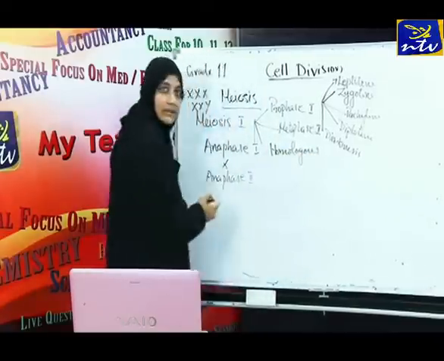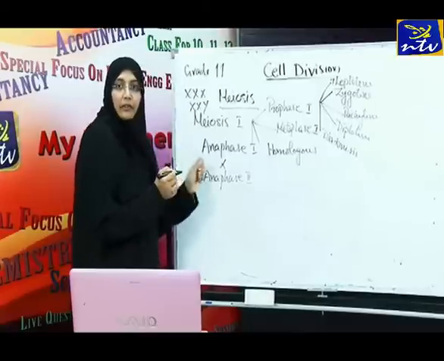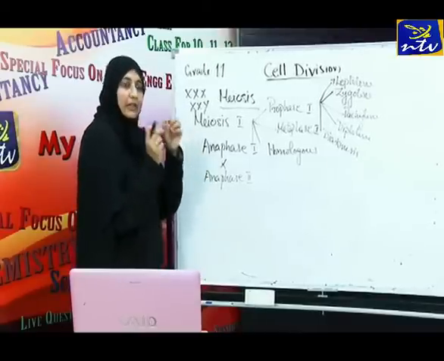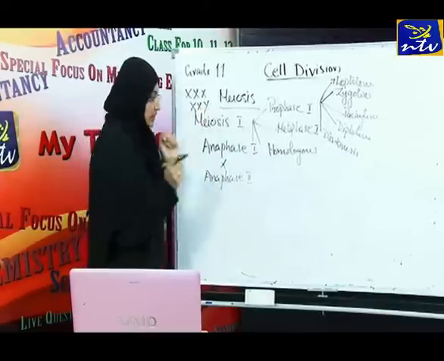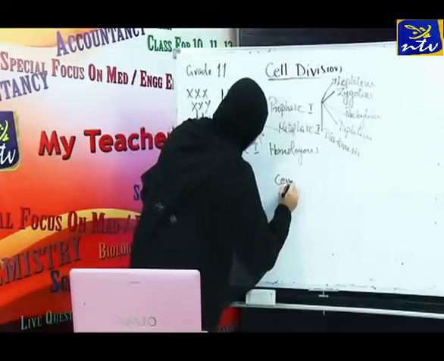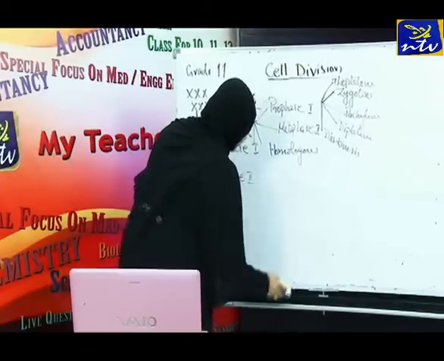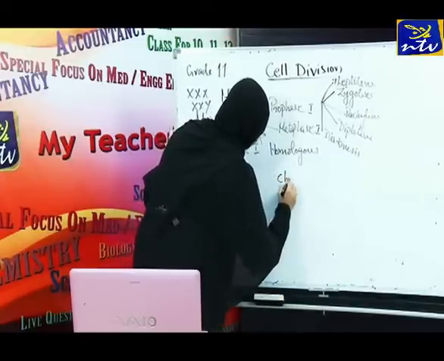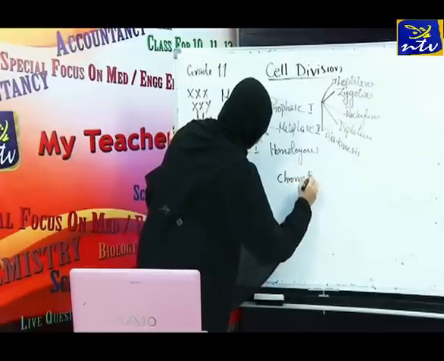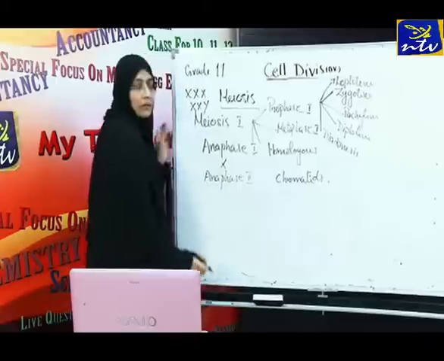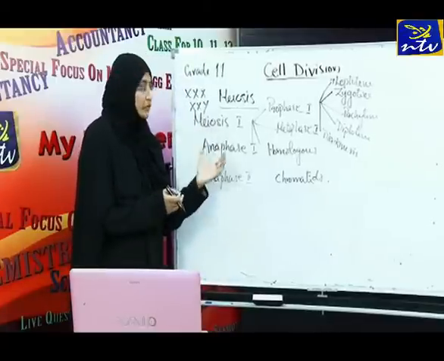But in anaphase 2, the centromere breaks and chromatids are separated. The rest of the process is the same as mitosis.